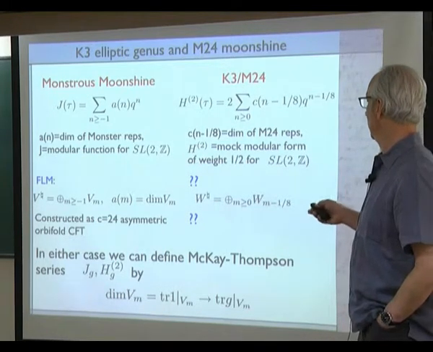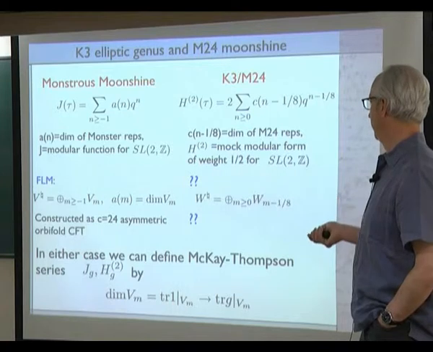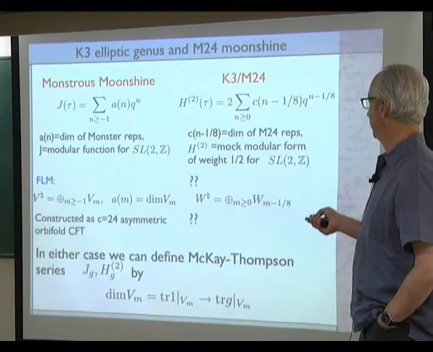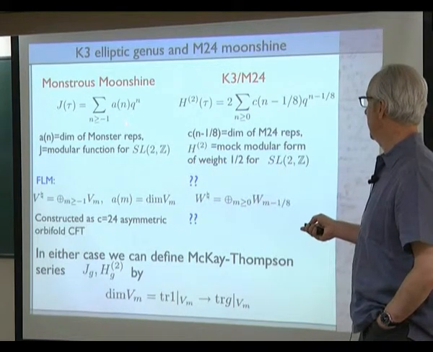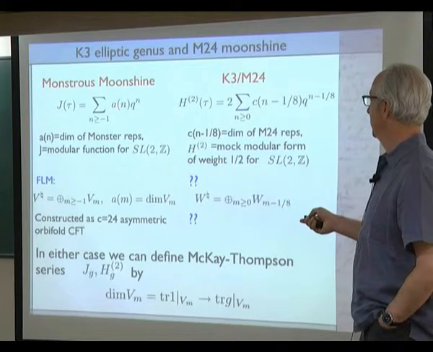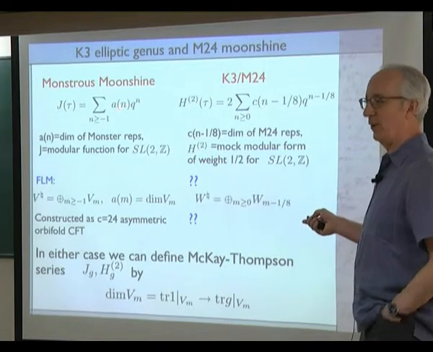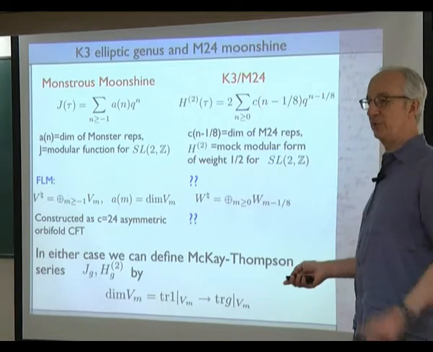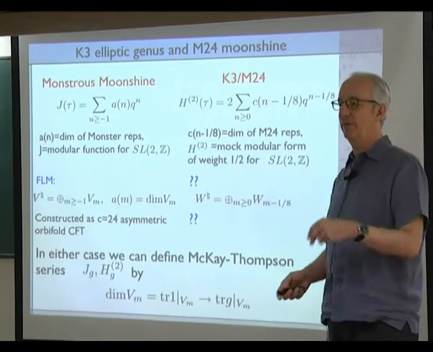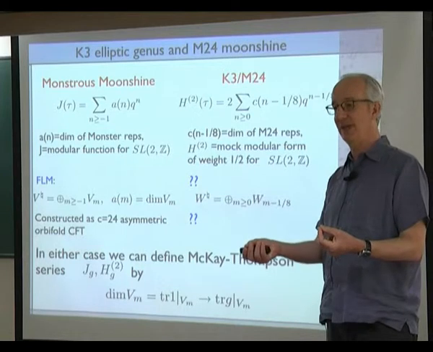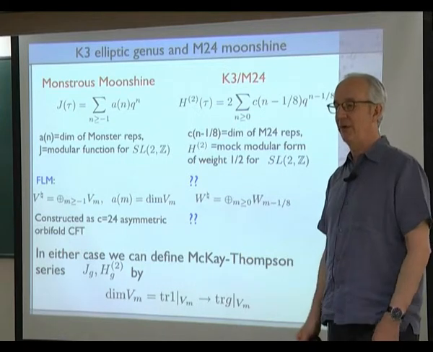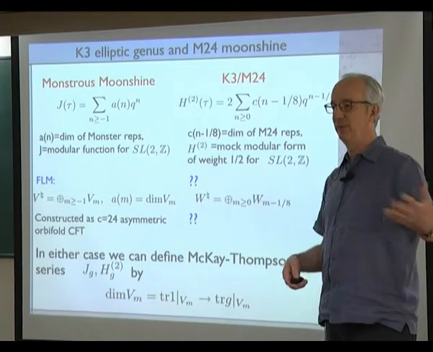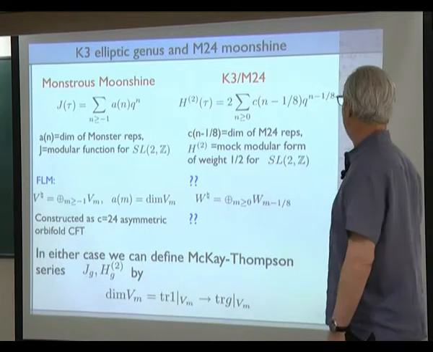Just to expand slightly: here you're not counting with any weighting, so every state contributes positively. Here, you're computing the elliptic genus, which has a trace of (-1)^F. So first of all, the states can cancel, and you're not just computing positive numbers.